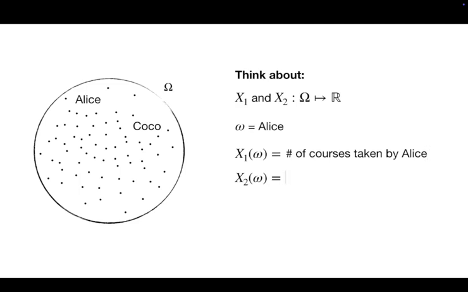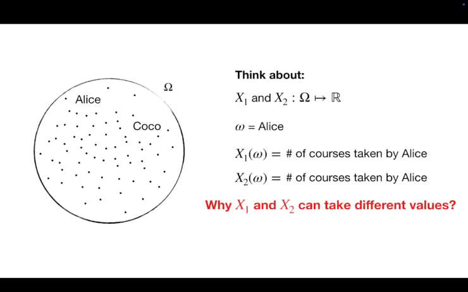X2 of omega is also the number of courses taken by Alice. Because omega is Alice, then why can X1 and X2 take different values? This brings us to the key point. In statistics, the sample space is normally different from the one we use in probability.